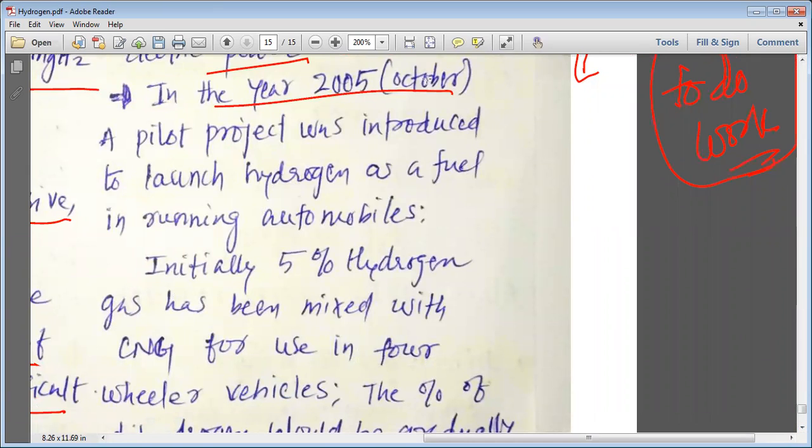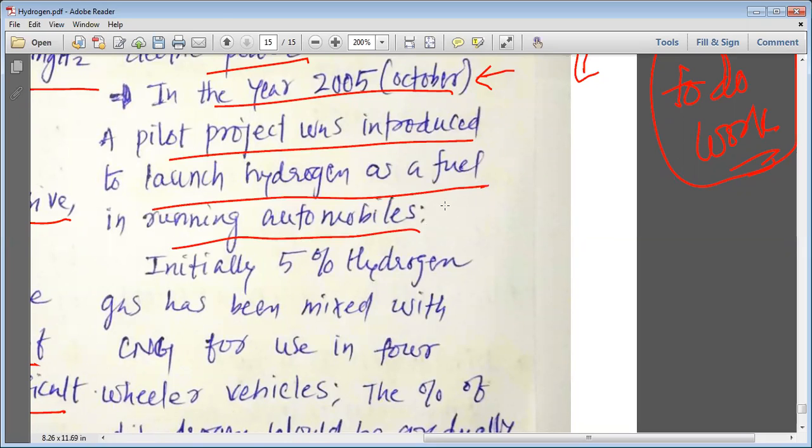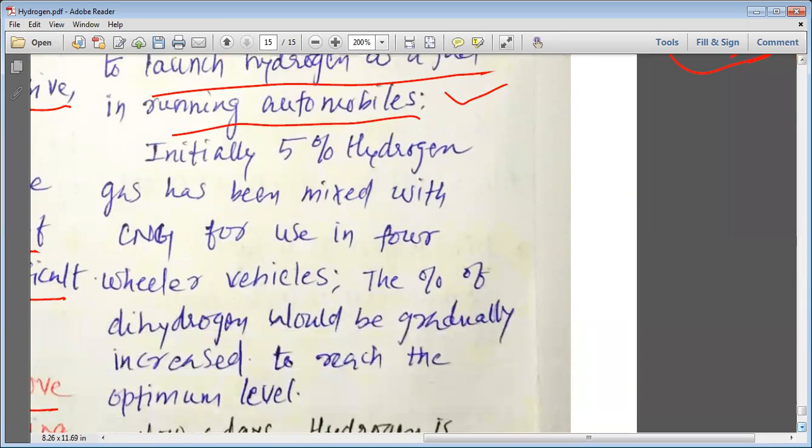In October 2005, a pilot project was introduced to launch hydrogen as a fuel in running automobiles. So, my dear students, our Indian government has used hydrogen as a fuel for automobiles. Initially, the government planned that 5% hydrogen gas would be mixed with compressed natural gas, CNG.